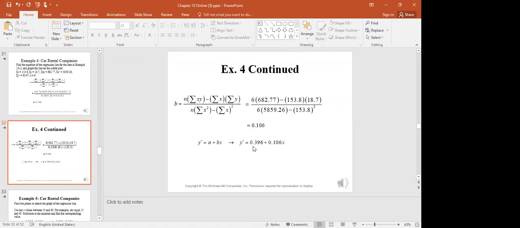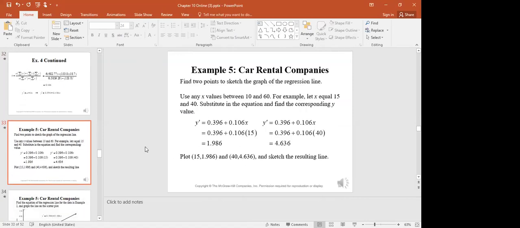So we have y prime equal to 0.396 plus 0.106x. In our example of car rental companies, we can now make a prediction. Suppose we want to make a prediction for a value x equals 15.